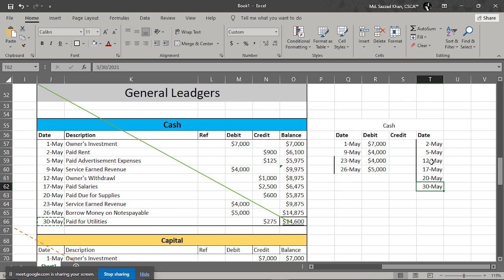So 1, 2, 3, 4, 5, 6. There were 6 credit entries for cash, right? Yes. All right. Now we put the values.